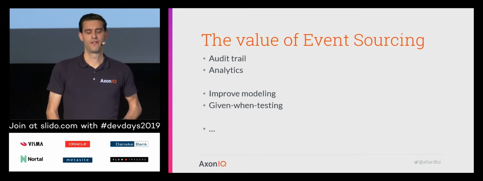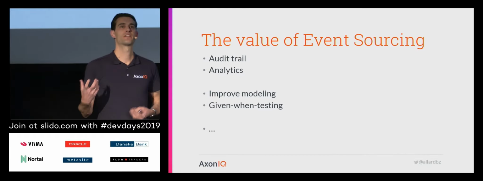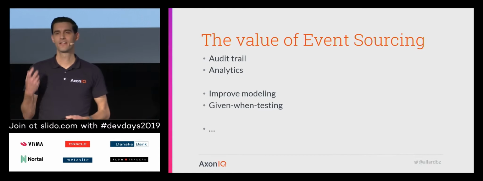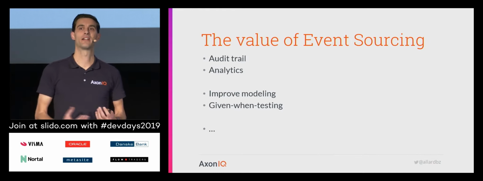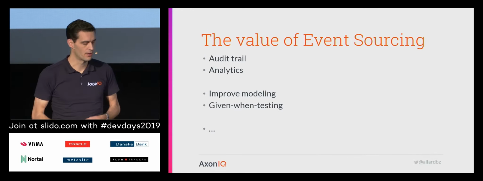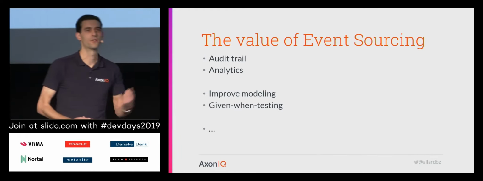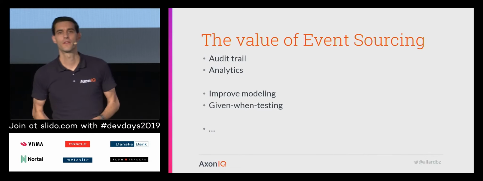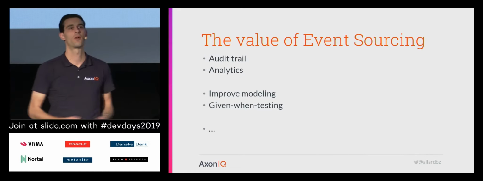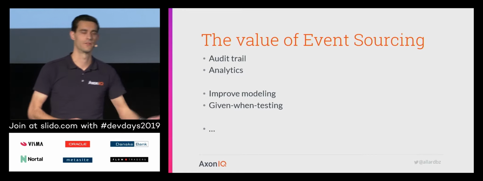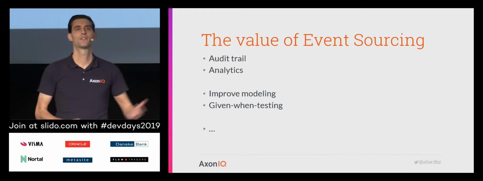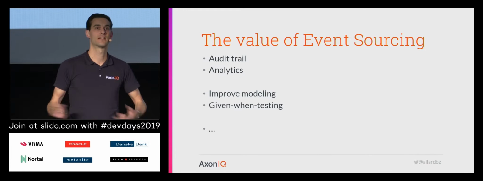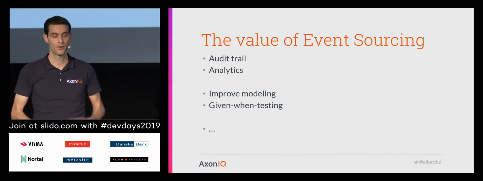So the value of event sourcing is in having this audit trail. It's in having the possibility to do analytics. I've spoken to airline companies using event sourcing because they want to know whether they should cancel if there's a technical problem on an aircraft on the ground. They want to know, should we cancel the flight? Should we delay it and try to get maintenance to fix the problem?